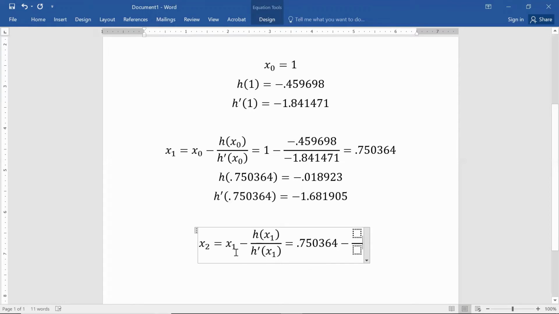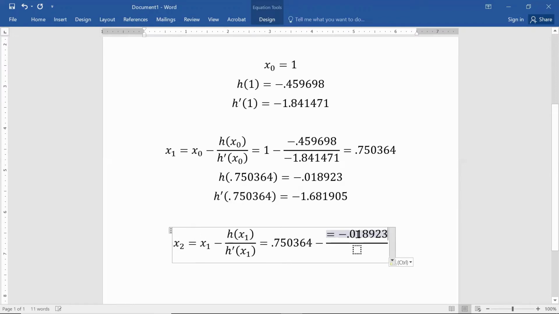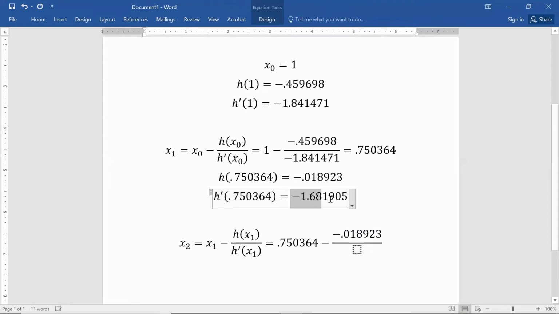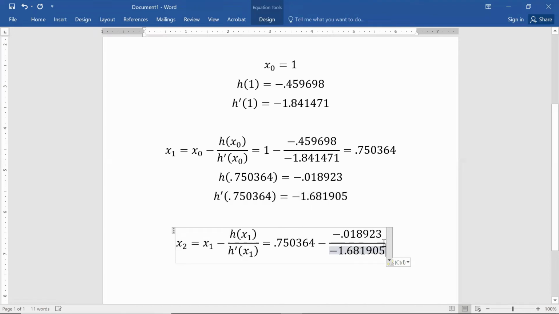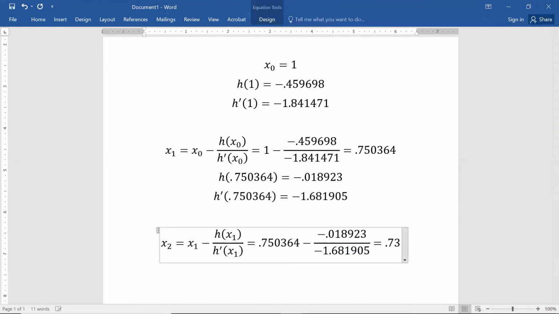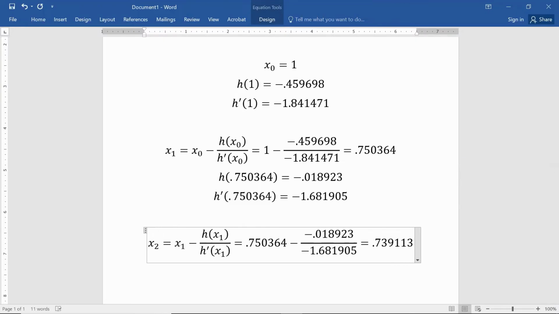So to do our next iteration, we take x1 minus h of x1 divided by h prime of x1, 0.750364 minus the output of the function divided by the output of the derivative of the function. I ended up with 0.739113.